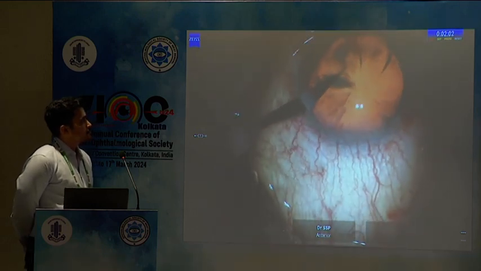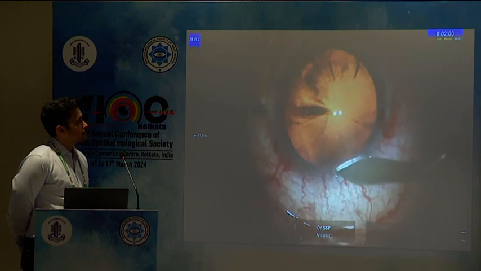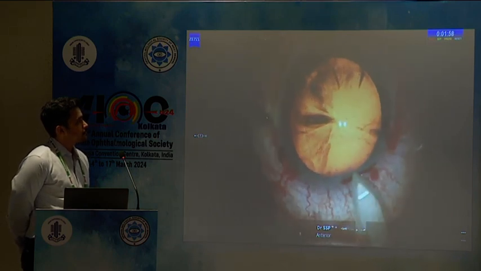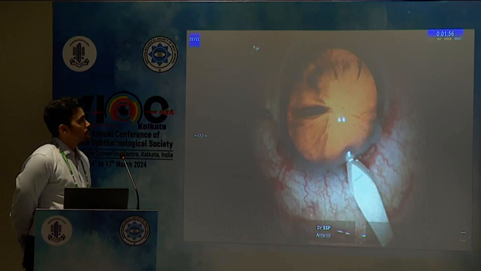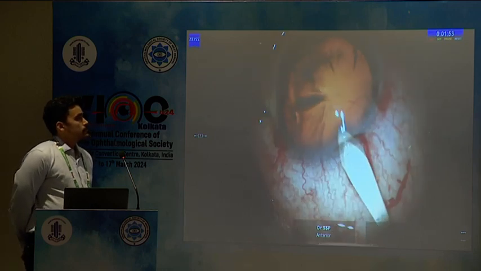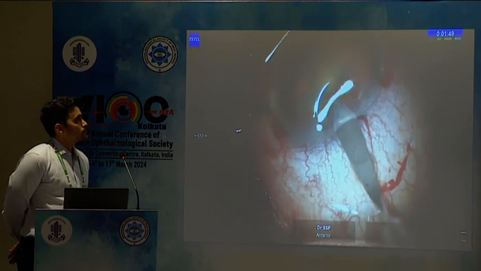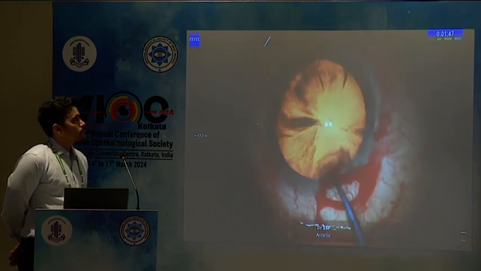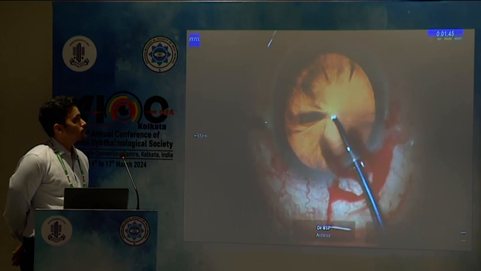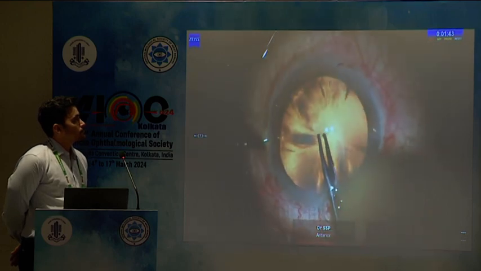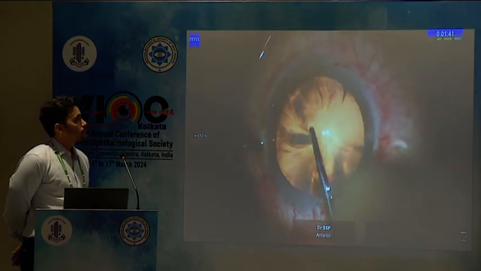At this stage, the surgeon's position is superior and the phacoemulsification and posterior chamber intraocular lens implantation procedure is to be started. So a triplanar main port is being made with a 2.2 mm keratome. Now, the capsulorhexis is being made with the micro-rhexis forceps.